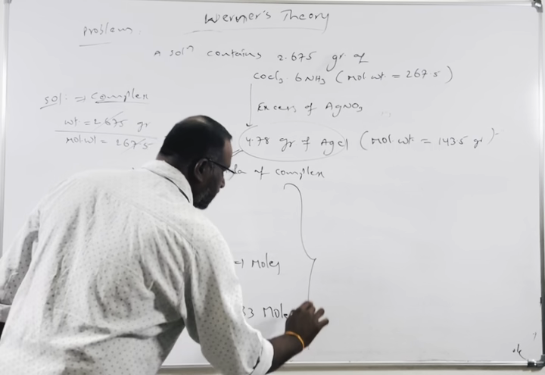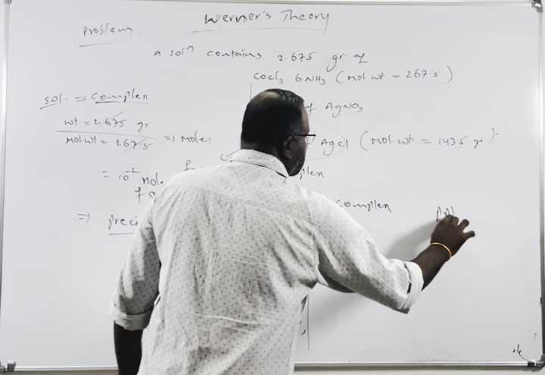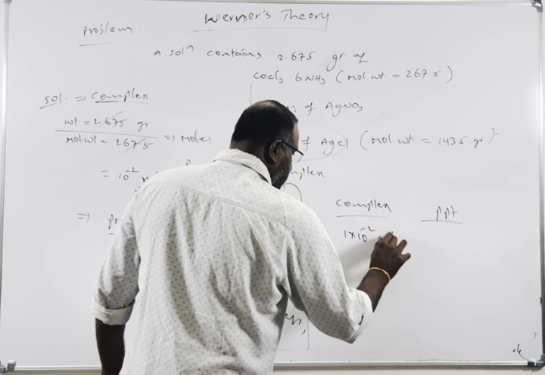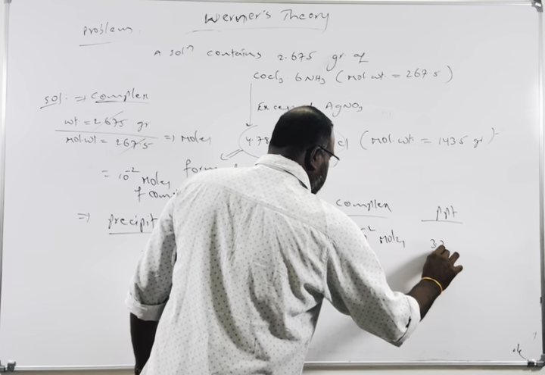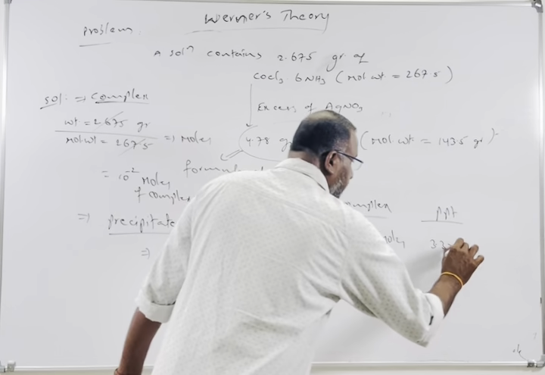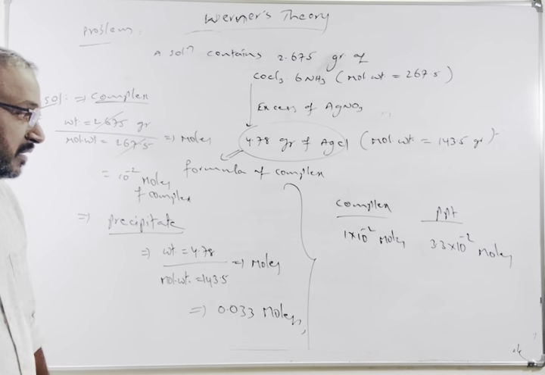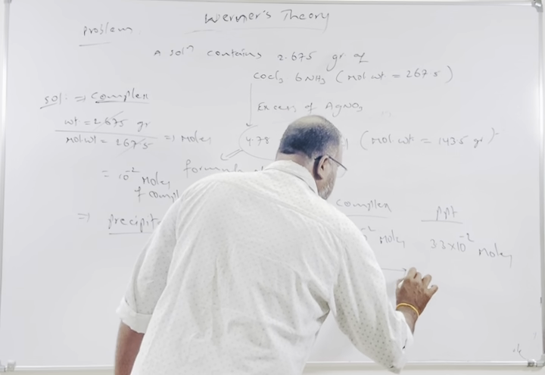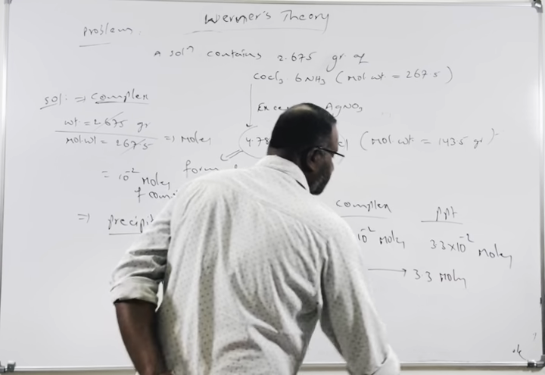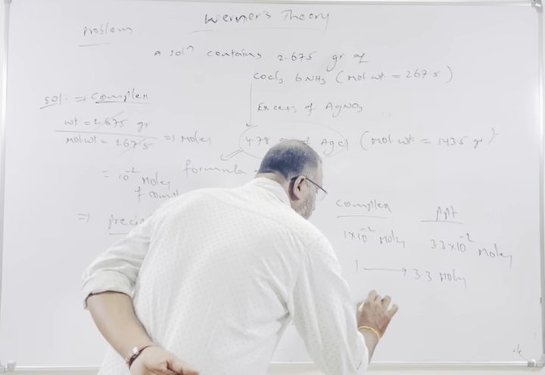From this, what you can say is, complex and precipitate: 1 into 10 power of minus 2 moles of complex is giving 3.3 into 10 power of minus 2 moles of precipitate. So 1 mole of complex will give 3.3 moles of precipitate. If you round up, you will get 3 moles.